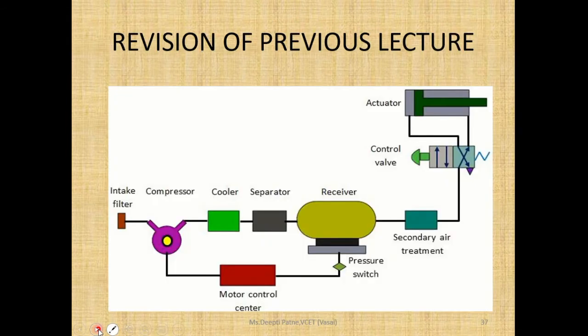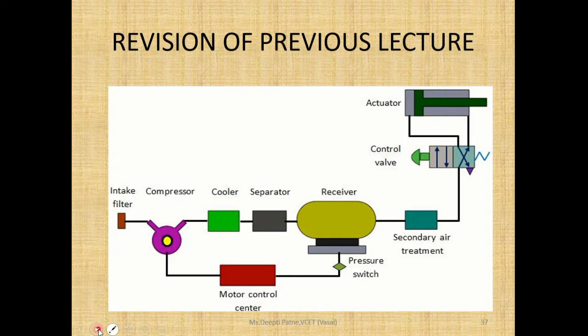The cooler, as you can see in the diagram, comes after the compressor. What is the need of a cooler? Whenever I am compressing the air, I am increasing the temperature. This increase in temperature will create moisture and condense the air. So it is possible that it may carry water content or moisture along with it as it is transferring from one point to another.